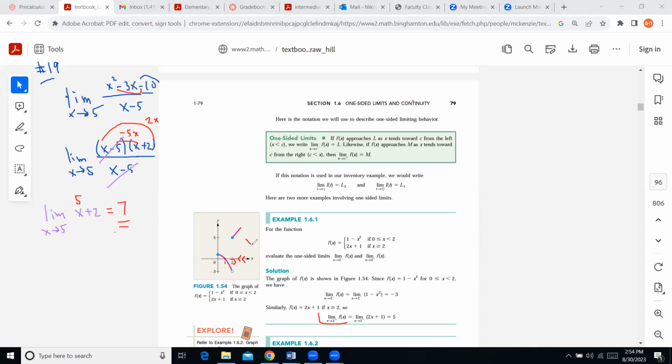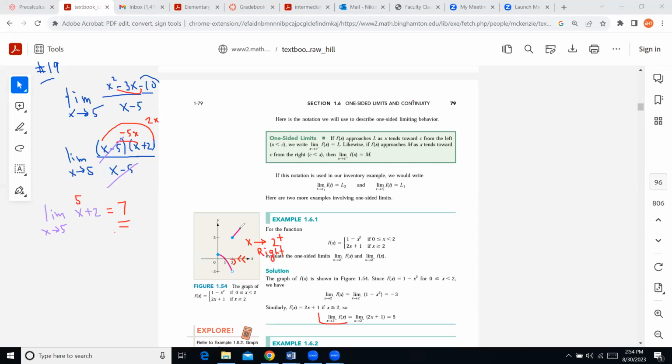So x is getting closer to 2, and to show that it's bigger, they put a plus. So that's a special notation. In other words, they say it approaches from the right side or from the bigger side.